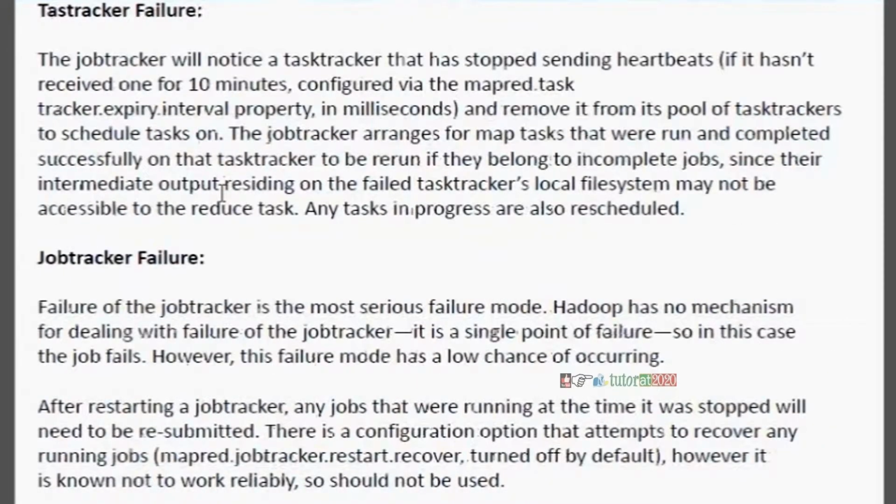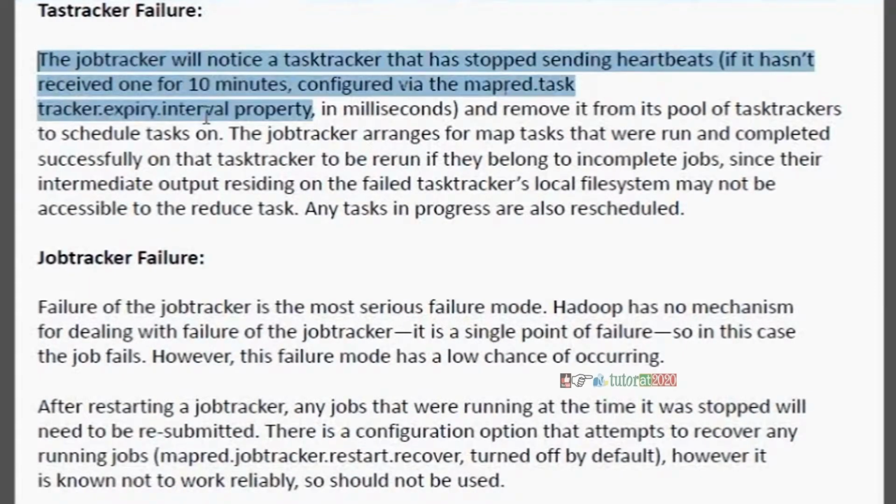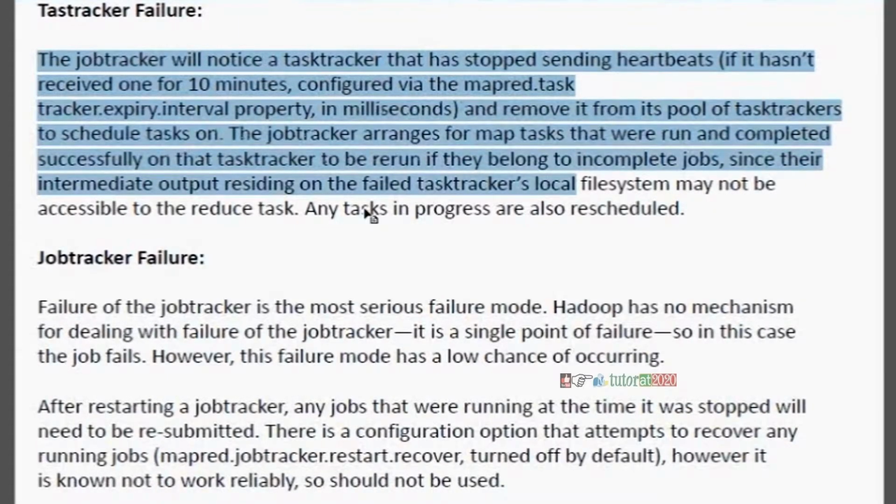Yes, if the job tracker notices the task tracker stopped sending heartbeats, if the job tracker noticed there is no information or signals from the task tracker, that time we identify it as a task tracker failure.